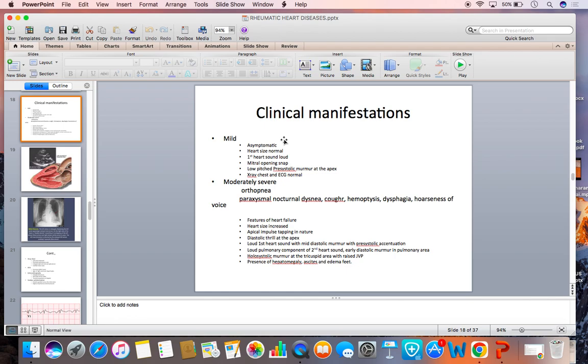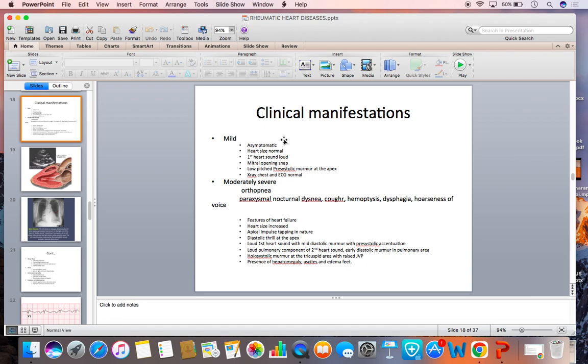In mild cases, the patient is usually asymptomatic, heart is normal in size. Okay, peripheral signs are normal. Pulse is normal, volume is normal, blood pressure is normal, and there is no raised JVP.